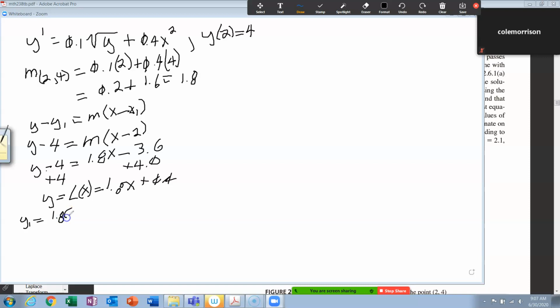1.8 times, now we're going to use 2.1 as our value, plus 0.4. Using what we had before, this will give us, now it's time for my calculator. I'm not going to do all these in my head.